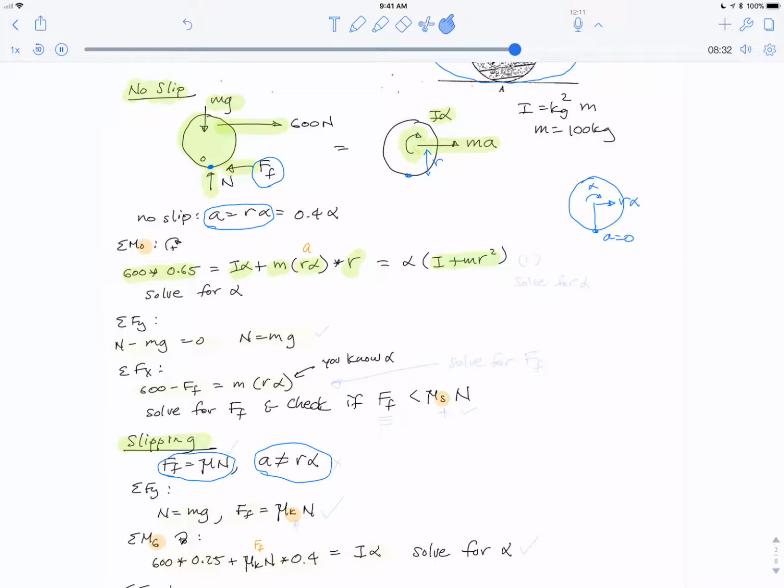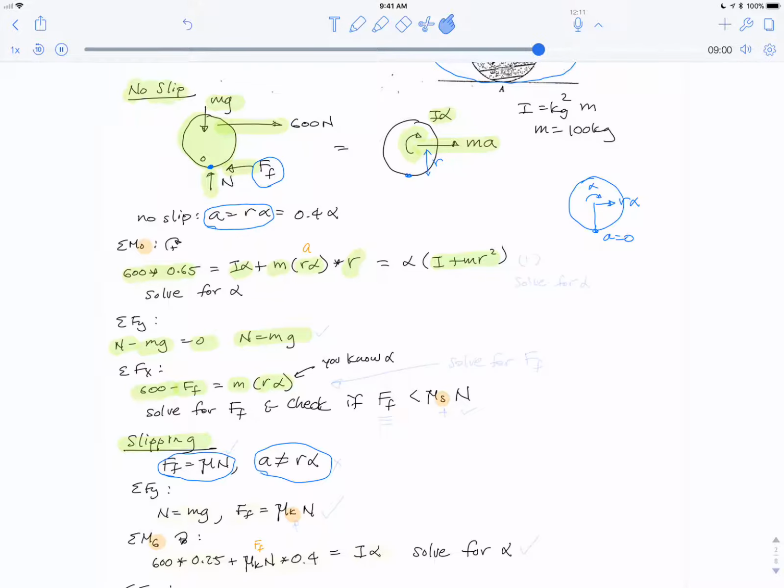I'm taking up as positive, so n going up, mg coming down, and there's no y acceleration, so the normal force does equal the weight in this case because there's no y acceleration. And then finally, we'll take the x equation, right being positive, 600 going to the right on the rope, the friction force, which we don't know, going to the left, and m times a, but we know that a is r alpha.